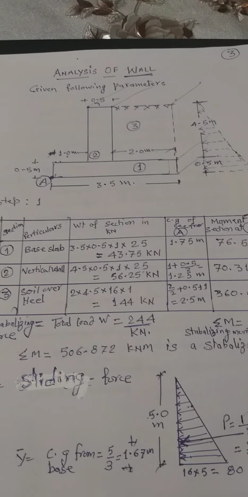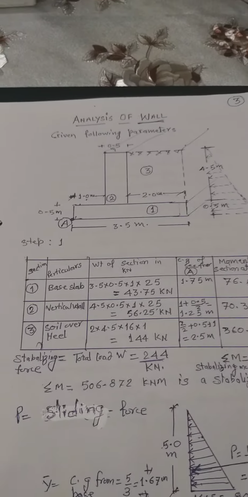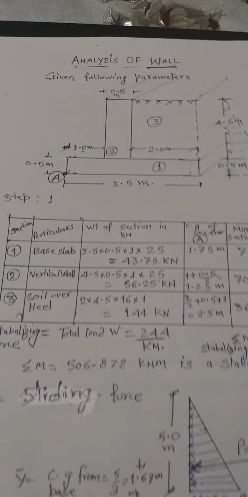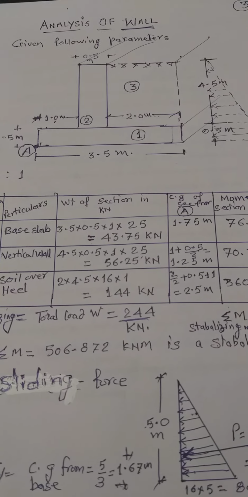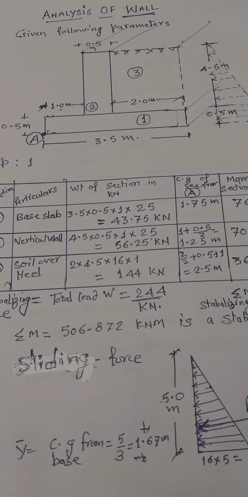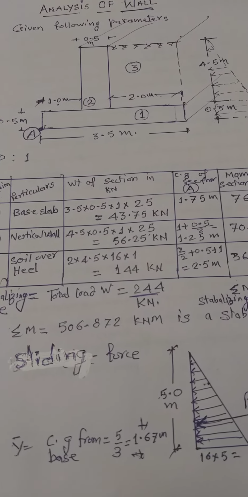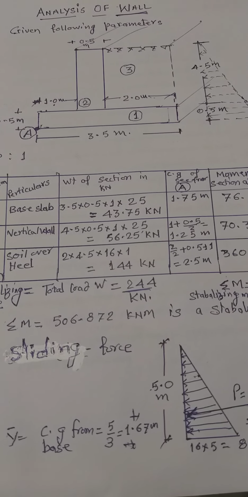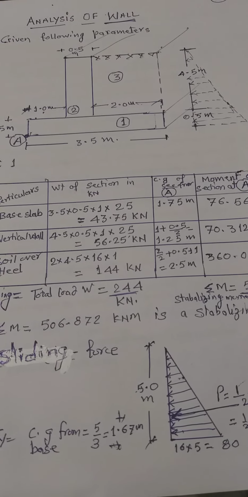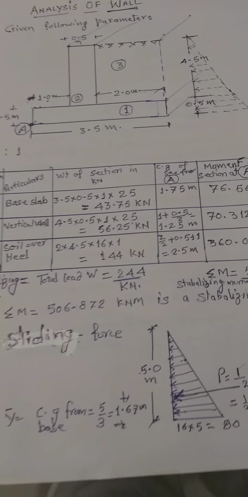Now we start analyzing the wall. You can see the same parameters which were mentioned on my previous page have been drawn over here, showing the wall thickness as 0.5, height as 4.5, then the base width is 3.5, base thickness as 0.5, and the total height is 5 meters. So the height of earth above the heel is 4.5 meters.